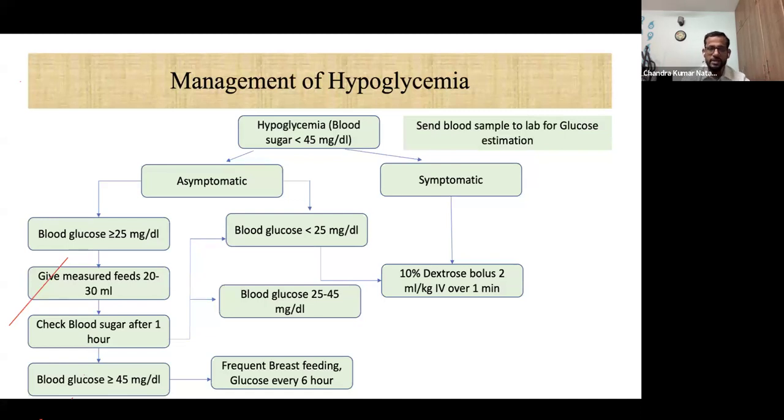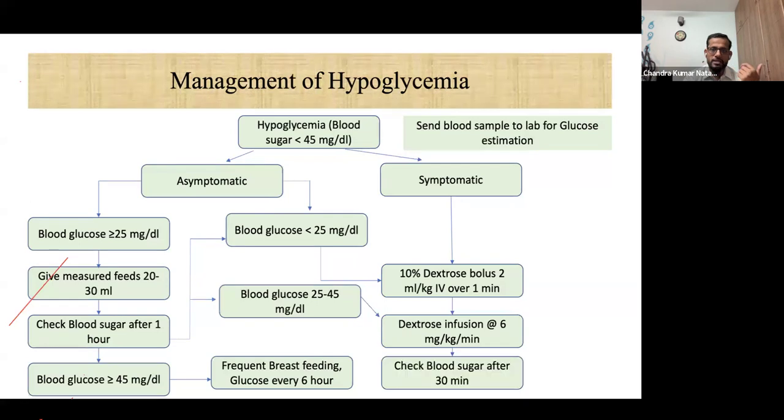So 10% dextrose bolus, 2 ml per kg, you have to give over 1 minute. And then you have to start dextrose infusion at a rate of 6 milligram per kg per minute. Subsequently, you should check blood sugar after 30 minutes in a symptomatic baby.